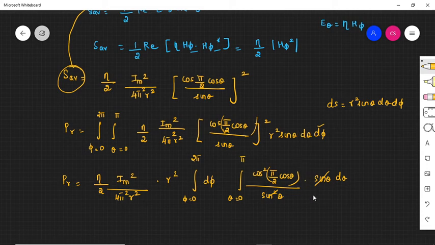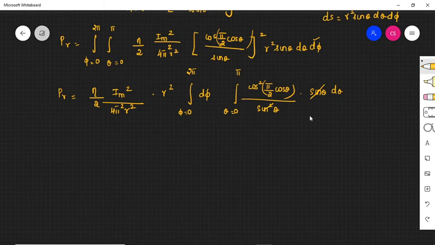Now simplifying further, this will become power radiated is equal to eta Im square. 2 4s will become 8 pi square r square. Maybe we can cancel out the r square also. So let me neglect the term here. So divided by 8 pi square into integration of this gives you phi, and from 0 to 2 pi the value will be 2 pi, into integration of 0 to pi.